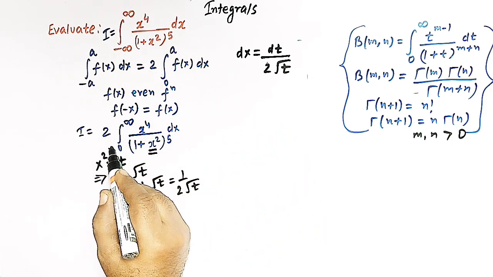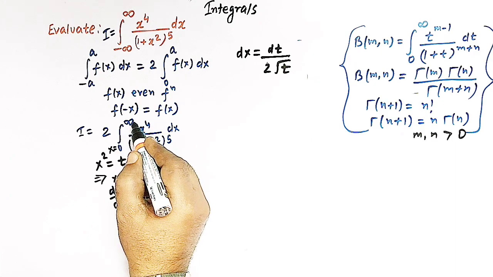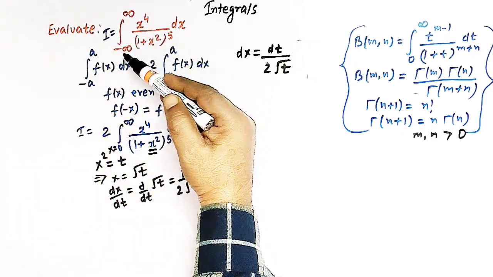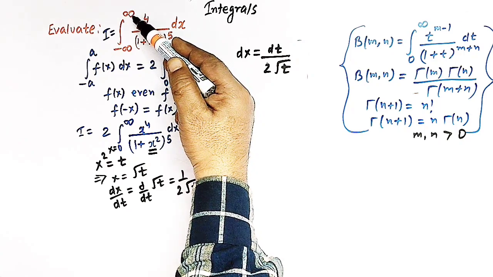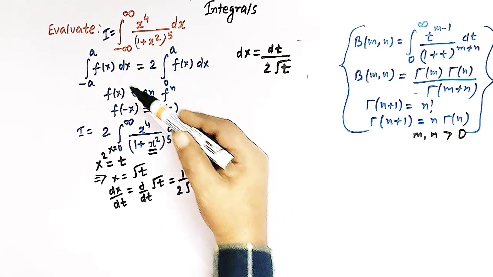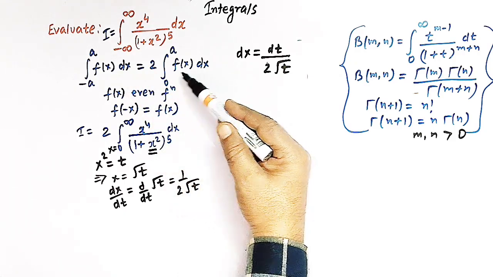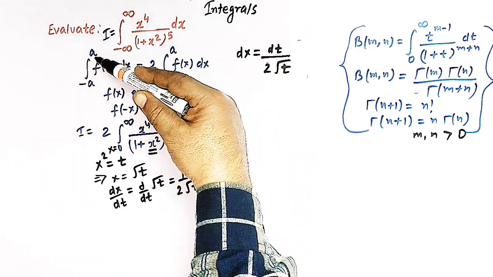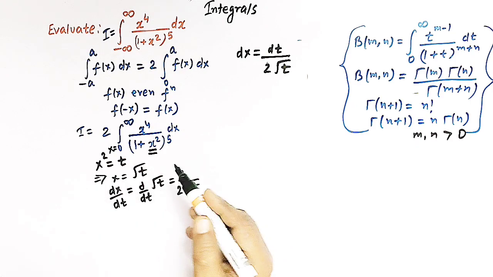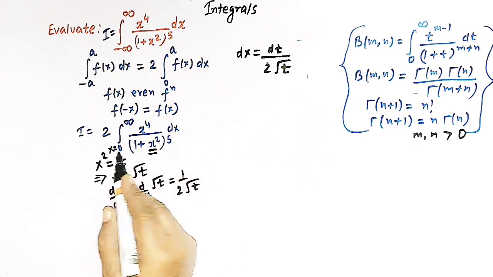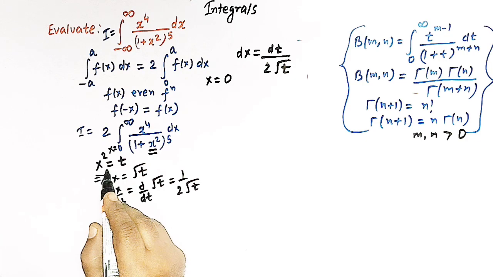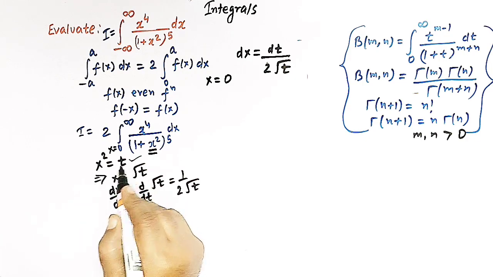Here x varies from 0 to infinity, and in the original integral we have minus infinity to infinity, and we have changed this integral to this form by using this property. So here we have minus a to a, here we have minus infinity to infinity. Now when x is equal to 0, then the value of t can be calculated from this relation.